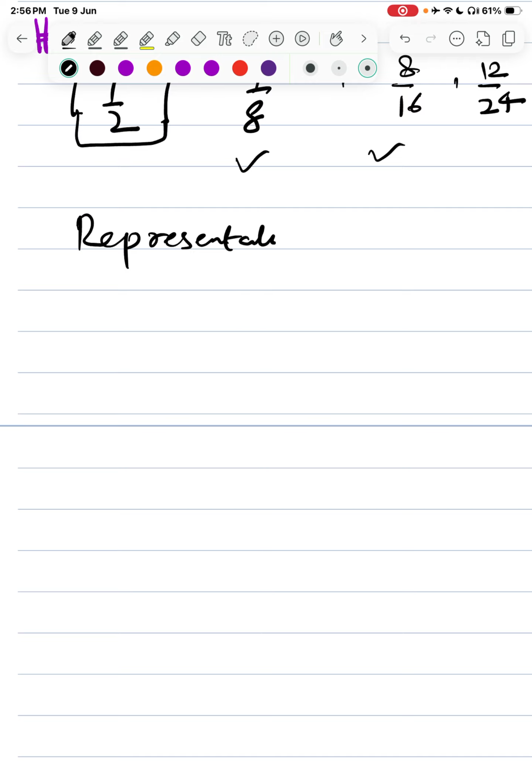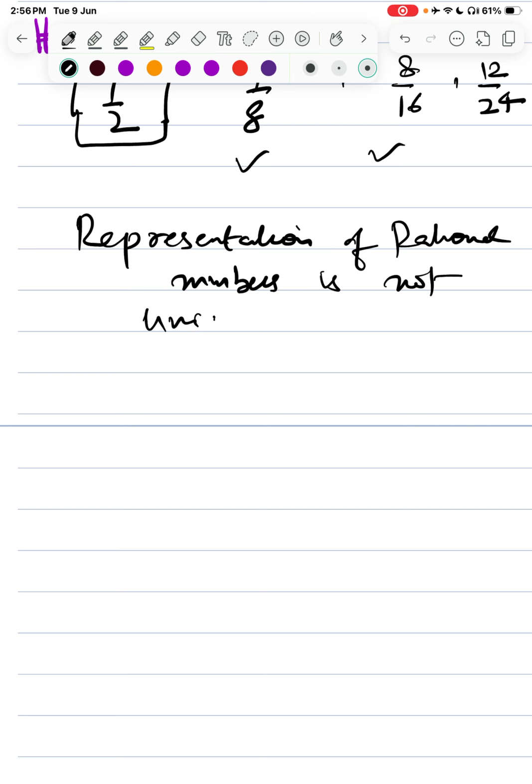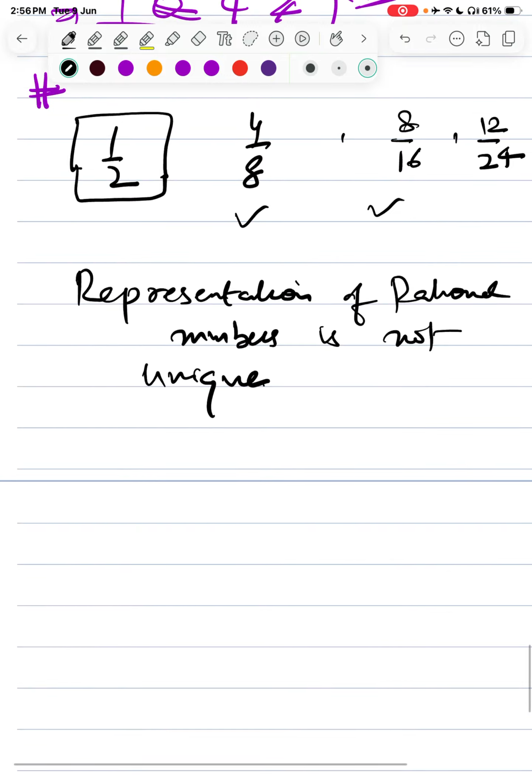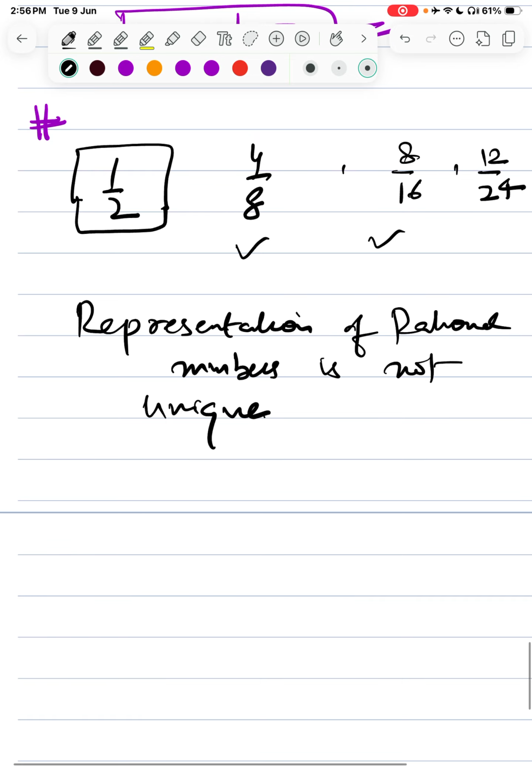So the representation of rational numbers is not unique. This thing you must keep in mind, right? Because there are a lot of ways to write a number. So it is not unique. You will not say that there is only one way to write 1 by 2.